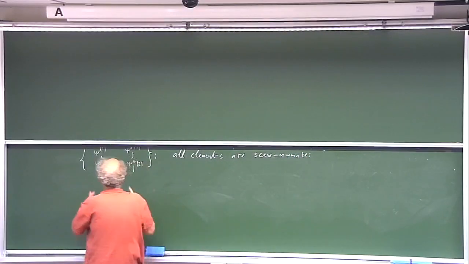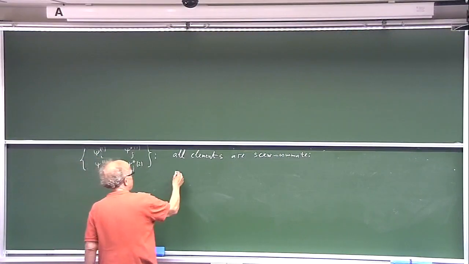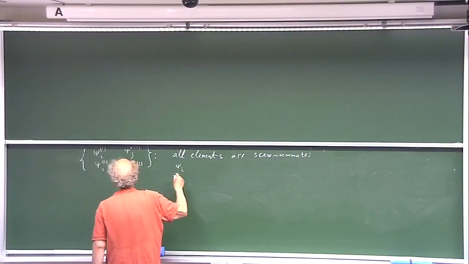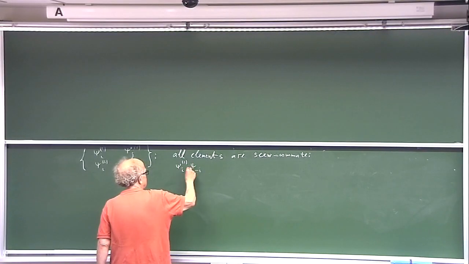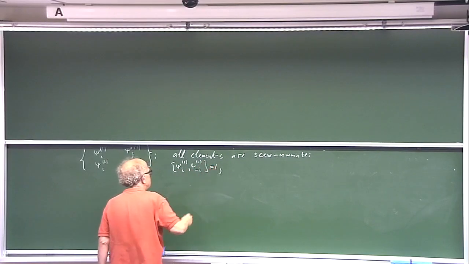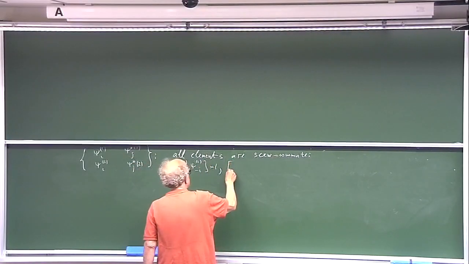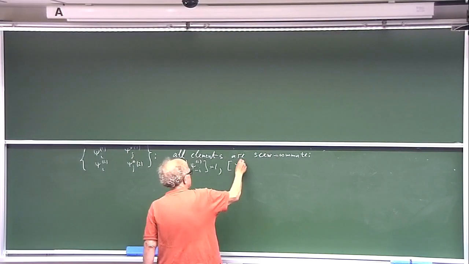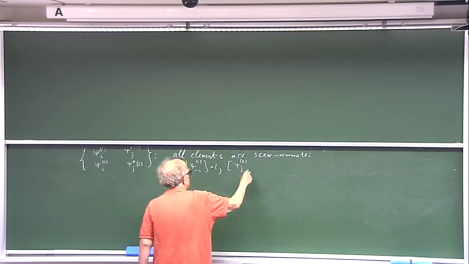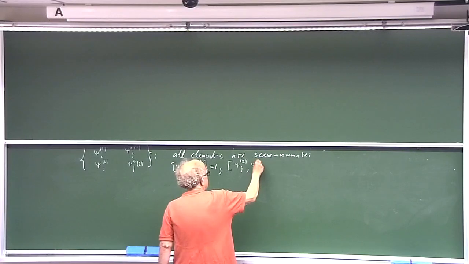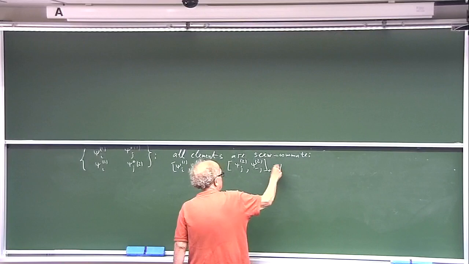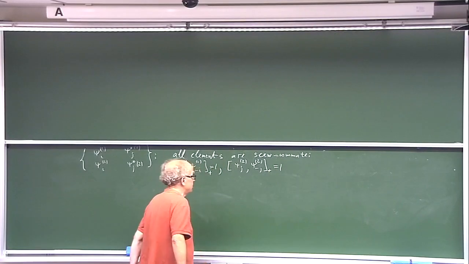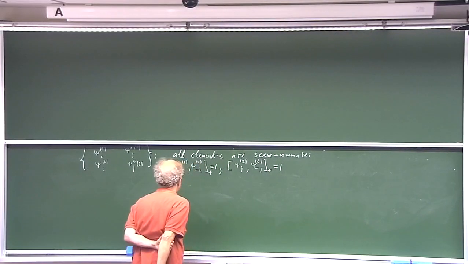But the exceptions are here and here. So it means that psi I 1 and psi minus I 1 like this is 1, and a similar story with 2: psi j 2 and psi minus j 2. Here the plus is equal to 1. All other pairs just skew commute.